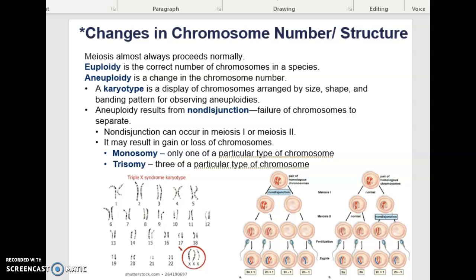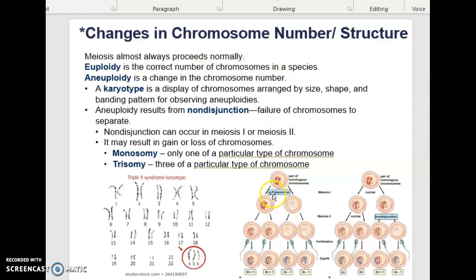So sometimes the separation of homologous chromosomes does not go as it's supposed to go. Sometimes something goes wrong during meiosis, and that's called aneuploidy. It's a change in the chromosome number.